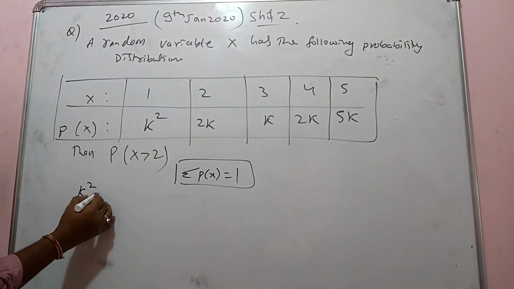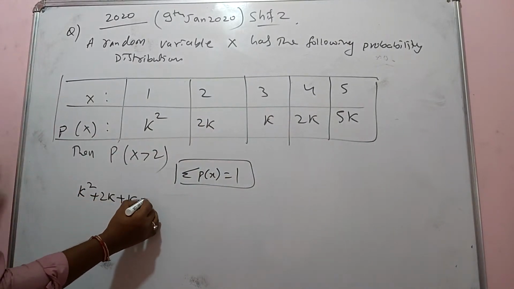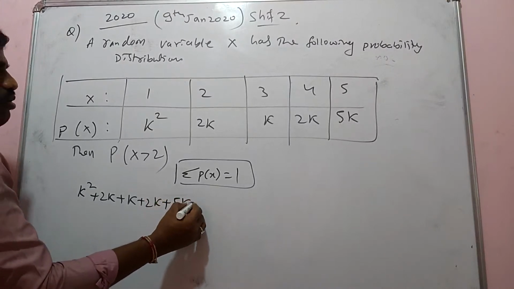So k square plus 2k plus k plus 2k plus 5k is equal to 1.